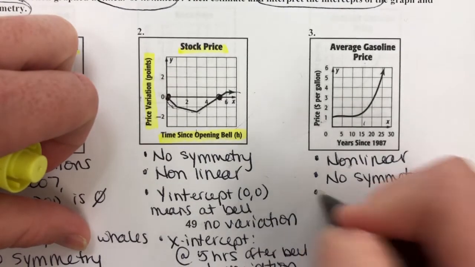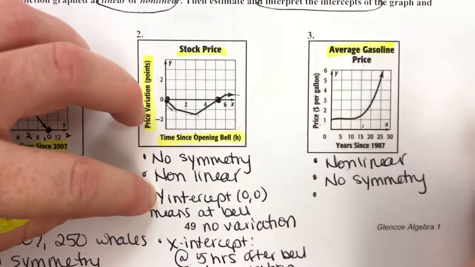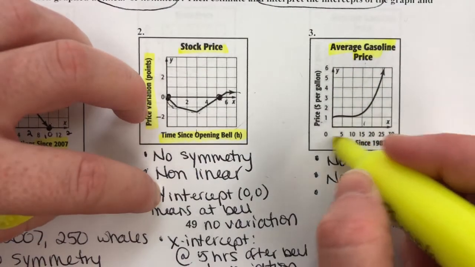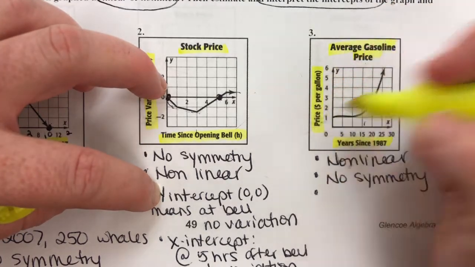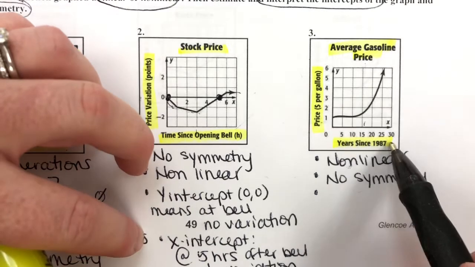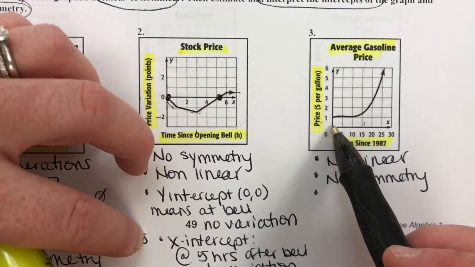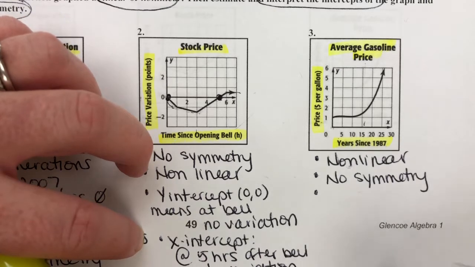And then we have to look at our intercepts. So this is the average price of gas. On the bottom, it's time, years since 1987. And on the side, it is price per gallon. That means if it's years since 87, the 0 here is 1987. Then we have 5 years later, 10 years later, 15 years later, and so on.